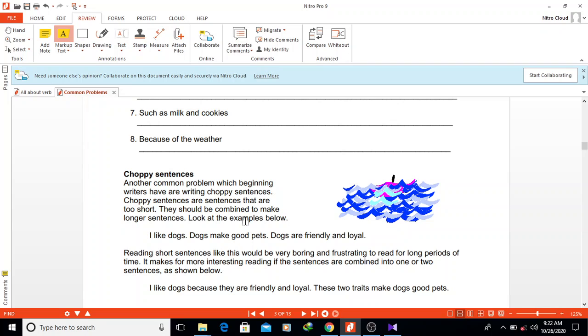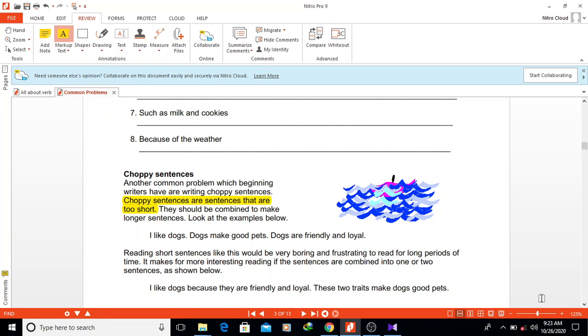Okay, so choppy sentences are sentences that are too short. The sentences that you write, actually you can combine into one longer and better sentence to read. Kalau kayak gini misalnya, I like dogs. Dogs make good pets. Dogs are friendly and loyal.